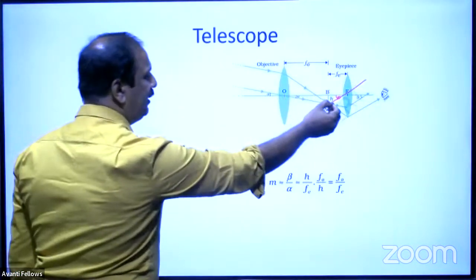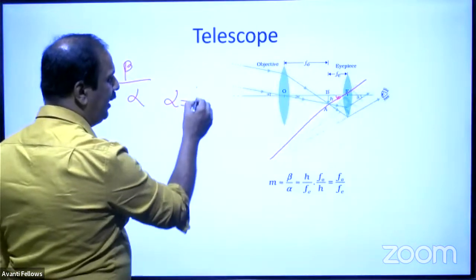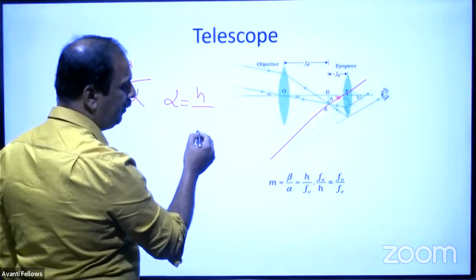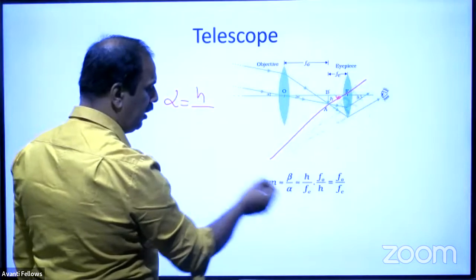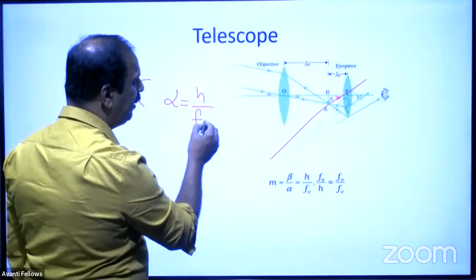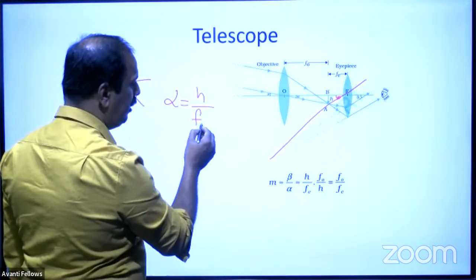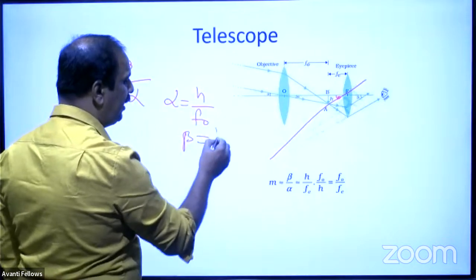If you take the triangle, you will get alpha equal to H by Fo, and beta equal to H by Fe.